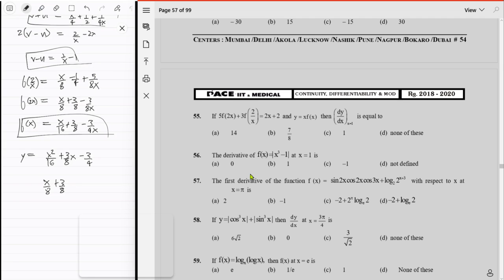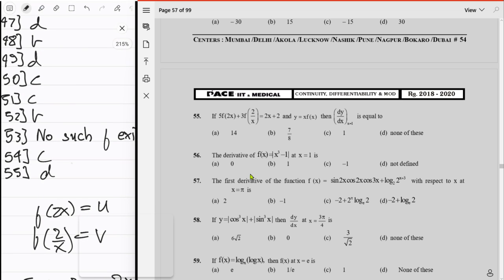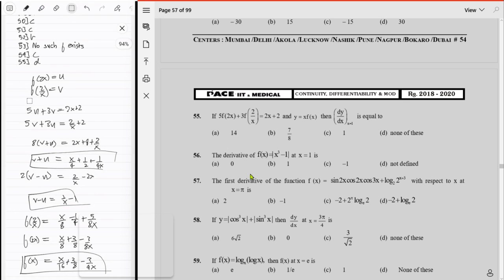So you want f of x, which is x upon 16 plus 3 upon 8 minus 3 upon 4x. Yeah, that's perfect. It's just correct. So then why are we not taking that? What is happening? Now this should just be 1 upon 2. So it's none of these. That's the answer. Next question. 56.